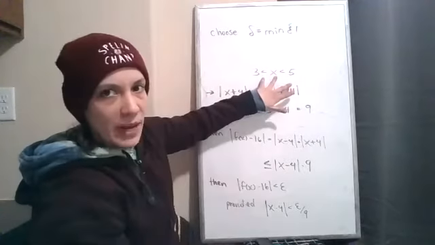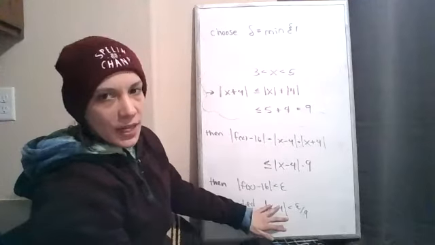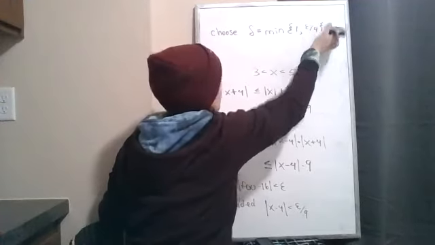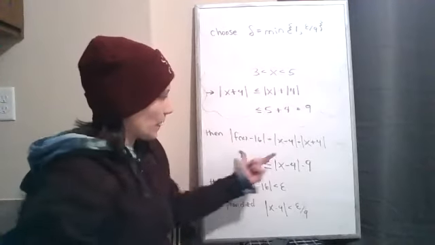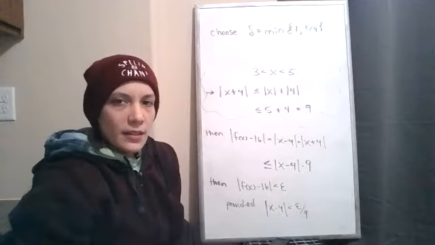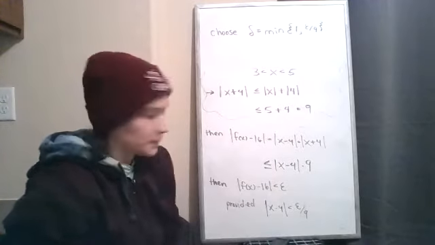Again, 1 comes from your bounds, and epsilon over 9 is from doing this like scratch work. Let's write the proof.